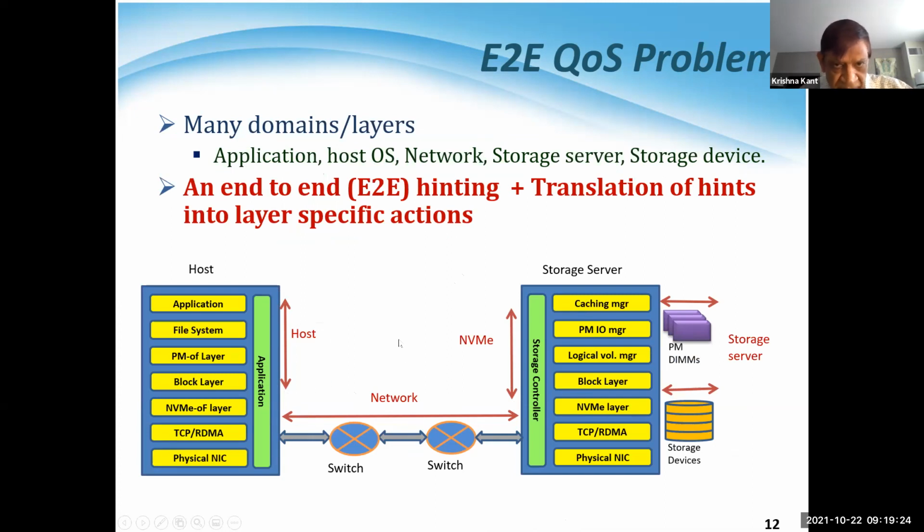Now, I neglected to say this, but nearly all of the storage access in a cloud or in a data center is over the network. And that is for reasons of being able to manage this efficiently.